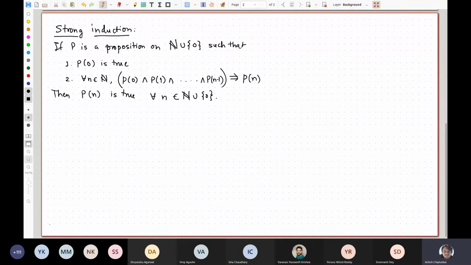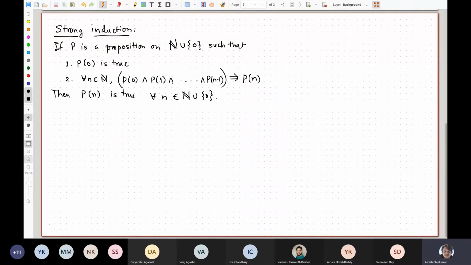So this is where we ended the last lecture, right? So I gave the statement of the strong induction idea. So what does it say? P is a proposition on the set of non-negative integers such that P of 0 is true. P is essentially something that makes a statement about every non-negative integer, and the statement corresponding to 0 is true.